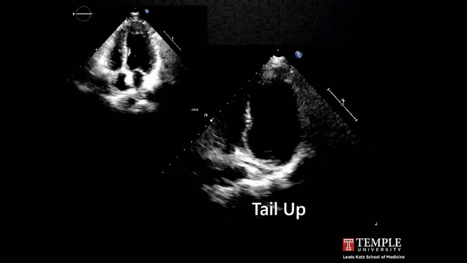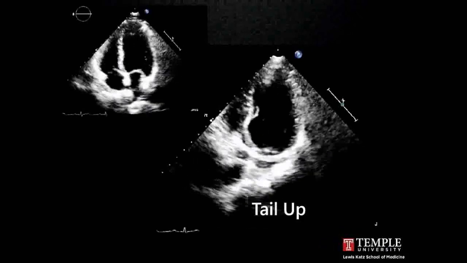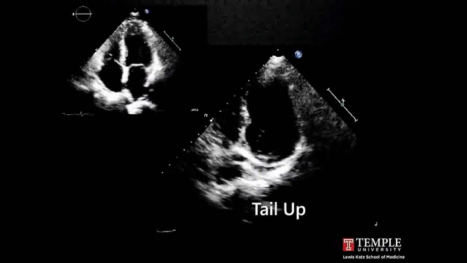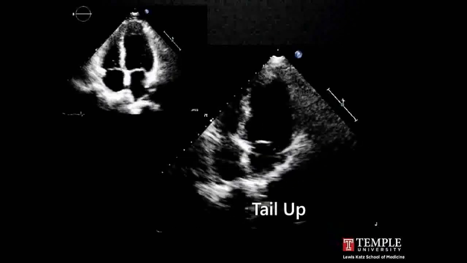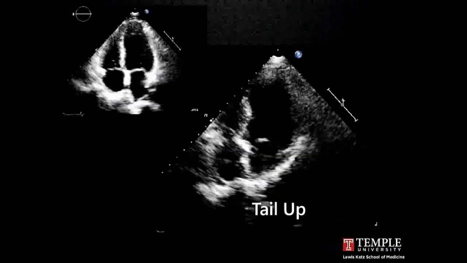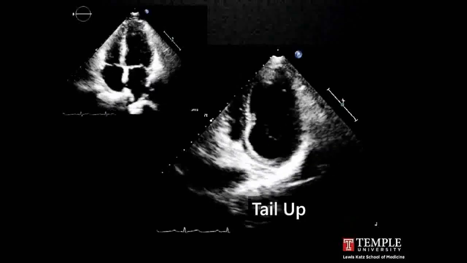How about if the converse was true? The tail was up, you're looking too inferiorly in the heart. So what I did in this patient is I angled the probe with the tail up, so now I'm imaging very basal. And now you can appreciate in the image here, as I compare it to the standard apical four-chamber, you can appreciate the coronary sinus. You're no longer looking at as much of the superior portion of the heart, but you can see things like the coronary sinus.